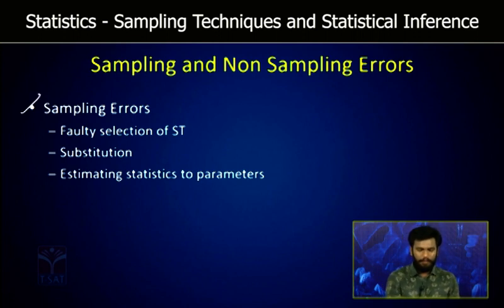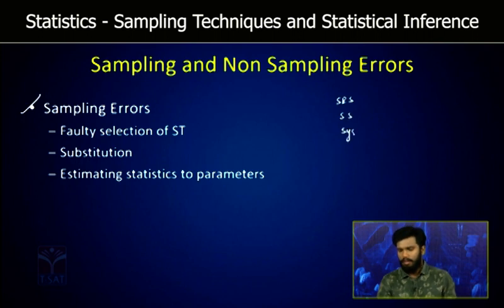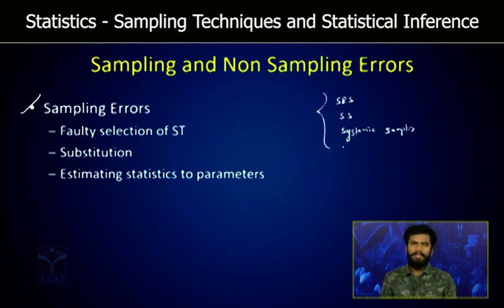Sampling errors లో first faulty selection of the sampling technique. So last class మనం sampling techniques చూసాం, simple random sampling and as well as stratified sampling and also systematic sampling. So these are the three sampling techniques we have discussed. Apart from these, there are many sampling techniques.